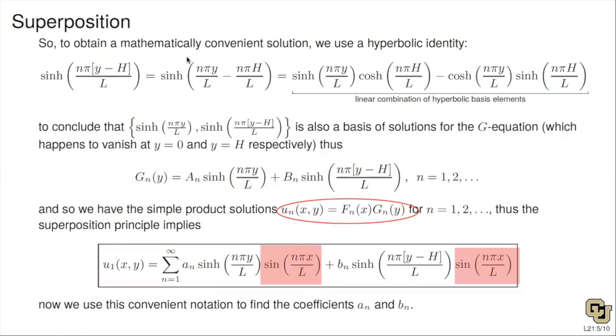That's coming from F sub n right here. And then here's the rest of it. I distributed the F equation solution across the G equation solution. So here's the G equation solution. Then superposition, right, the linear combination and adding them all up.